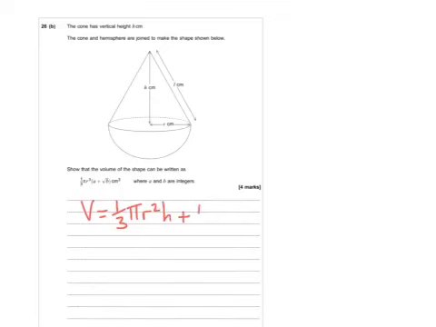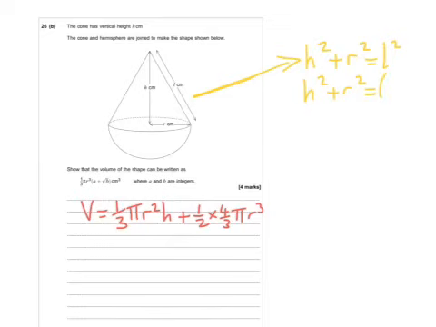in terms of r. So I'm going to do that up here, and actually I'll do it in gold. There we go. So we know that h squared plus r squared equals L squared, and we worked out from the previous part, and this is why they asked us to do it, that L squared equals 2r squared.